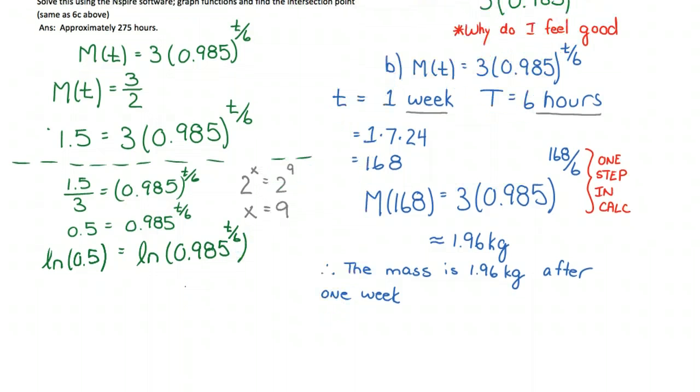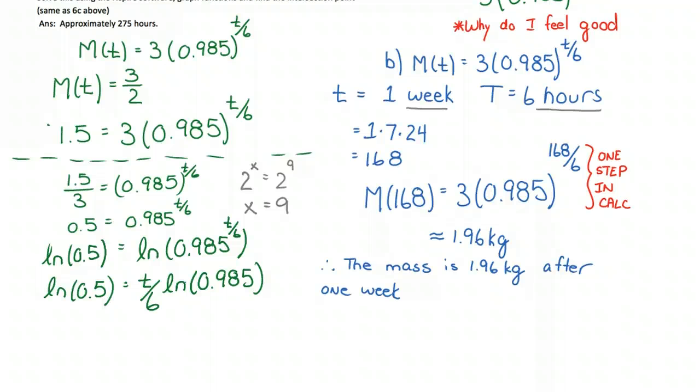Now I've taken the ln of both sides, and there's a neat little property with lns: if I take the ln of something to the power of some value, I can actually pull that power out in front. Again, this is a great little trick, but it's important that you go back and learn this stuff and understand it, because there are so many great things you can do with this if you understand what you're doing.